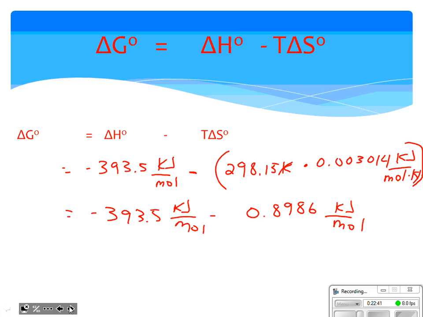So when I subtract that value, I get negative 394.40 kilojoules per mole.